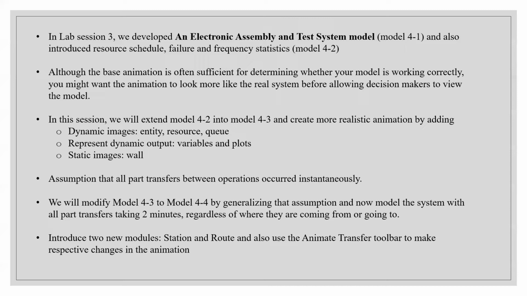We will modify model 4.3 into model 4.4 by generalizing that assumption and now model the system with all part transfers taking 2 minutes, regardless of where they are coming from or going to. We will introduce two new modules, station and route, and also use the animate transfer toolbar to make respective changes in the animation.